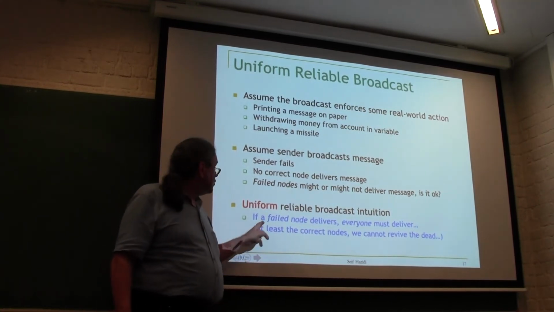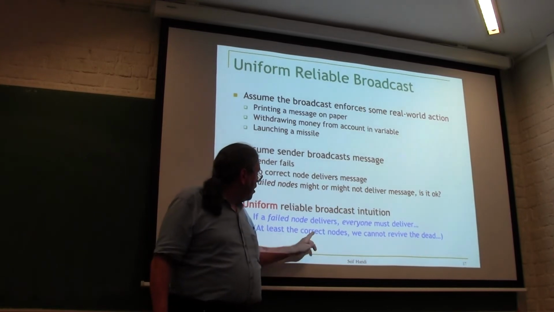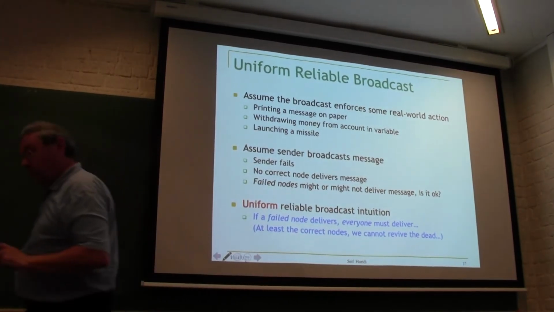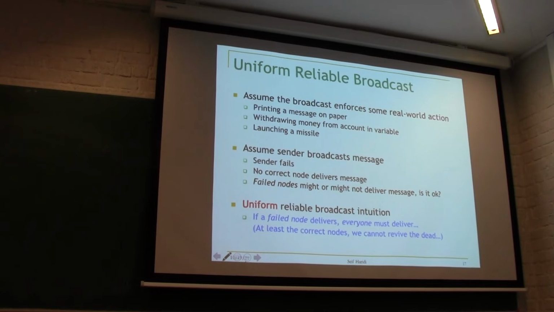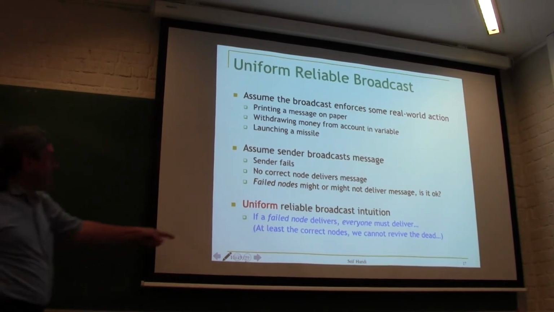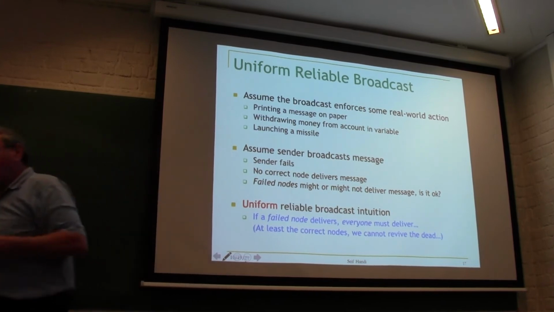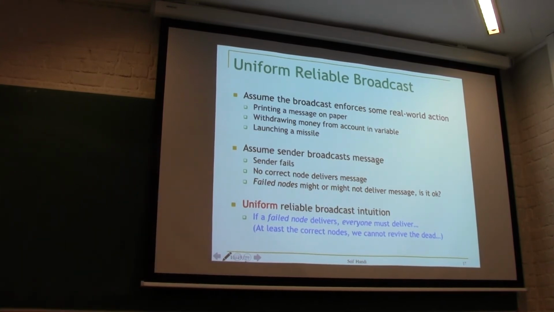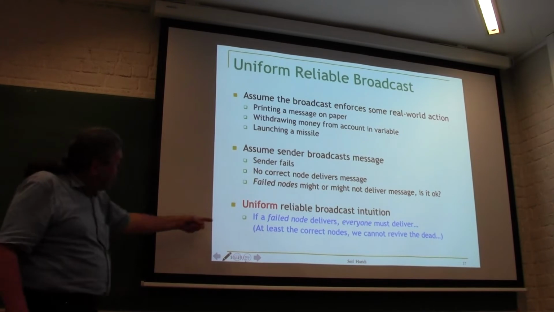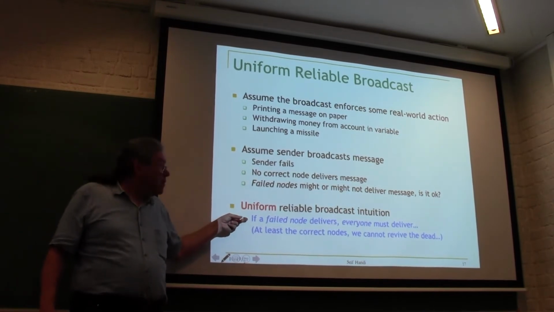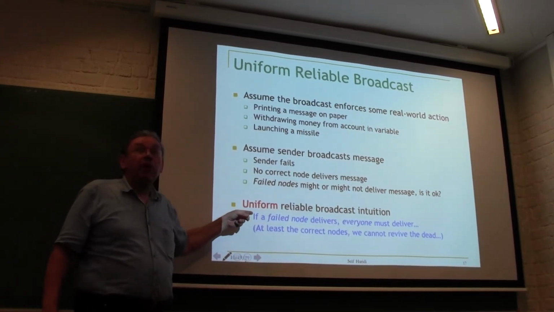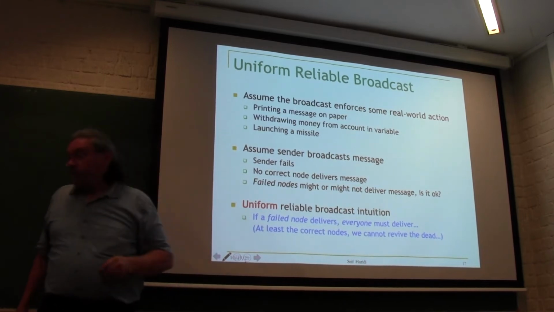So if a failed node delivers, all the correct nodes will deliver, for sure. That's stronger than reliable, because reliable doesn't care about failed nodes. But this is actually a much trickier algorithm. This is much harder to do than a regular reliable broadcast.